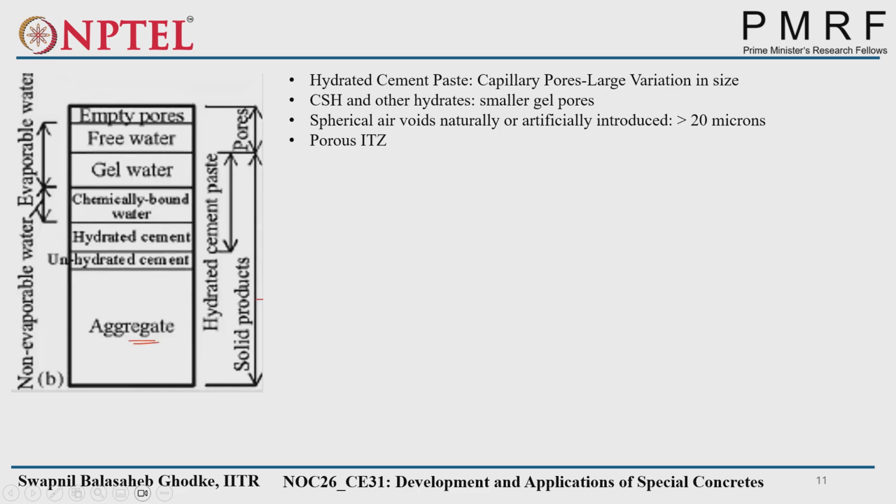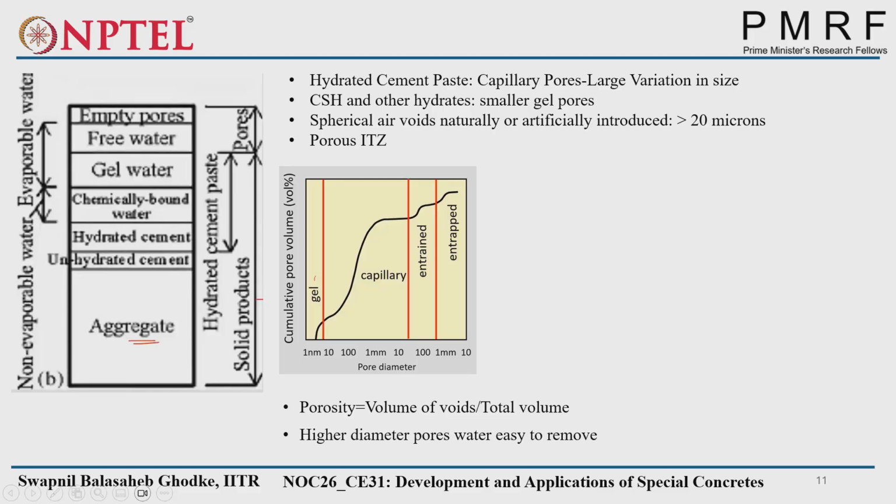Then CSH and other hydrates have smaller gel pores, which can be evaporated, and spherical air voids, because of improper compaction or artificially introduced air, may be greater than 20 micron in size. And porous ITZ, because of the higher water cement ratio, pores will be created in the nearby ITZ. So this is also the size of the pore diameter.